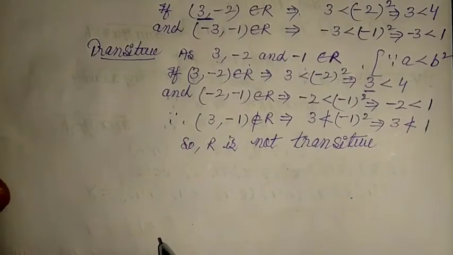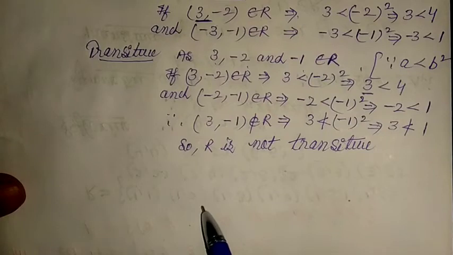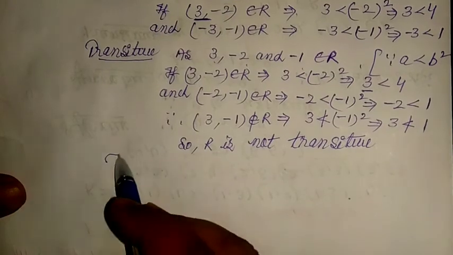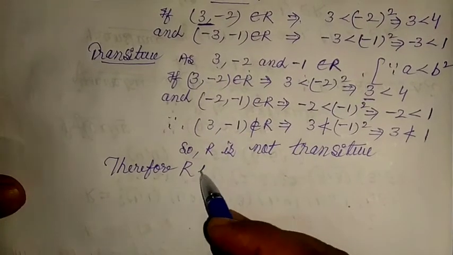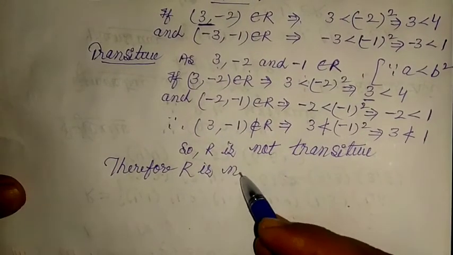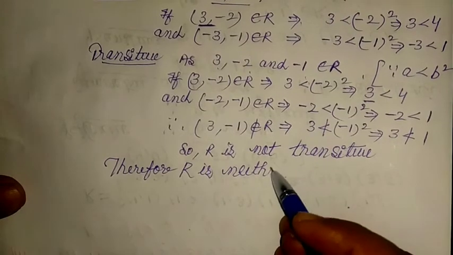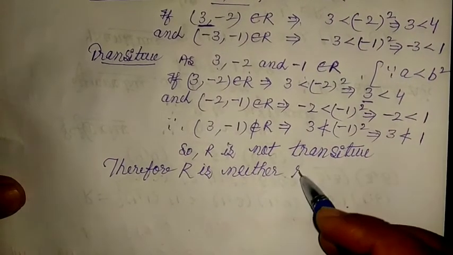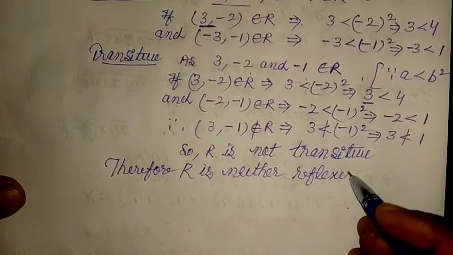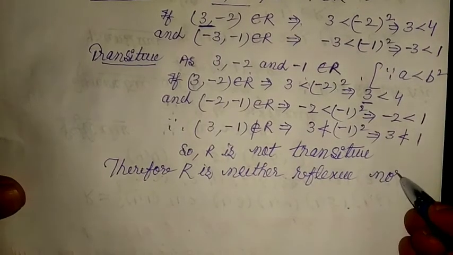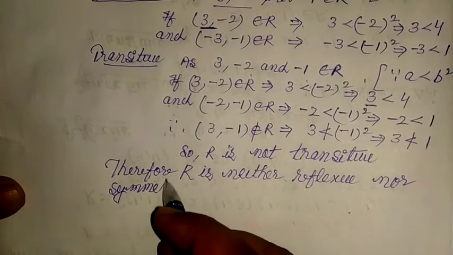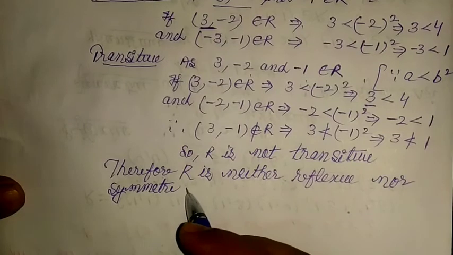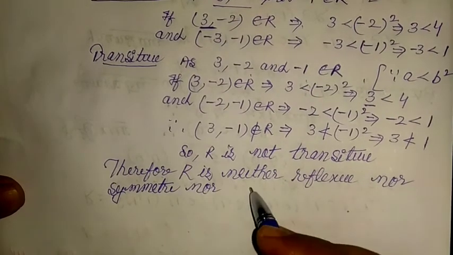Now we can write here, therefore, R is neither reflexive nor symmetric nor transitive.